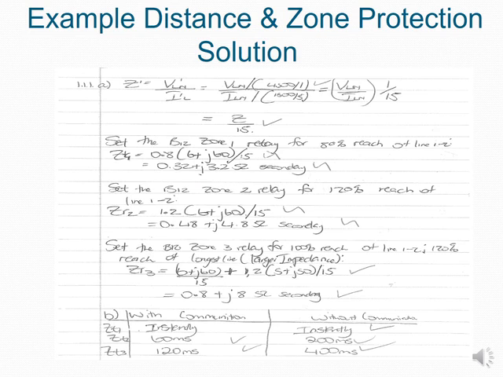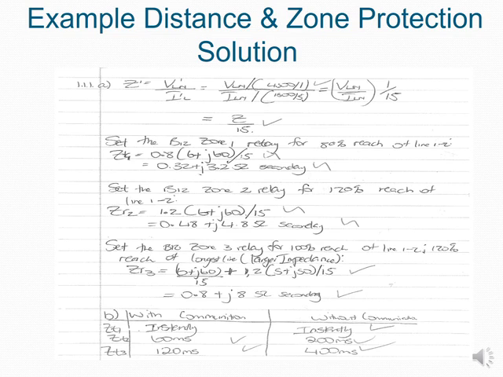So the first thing that you do is you take your VT and your CT ratings that you are given, so that you can work out your reach that you are going to be working with. So having taken those two into account, you end up with a Z multiplied by 1 over 15. The Z being obviously that V over I scenario that you will get.